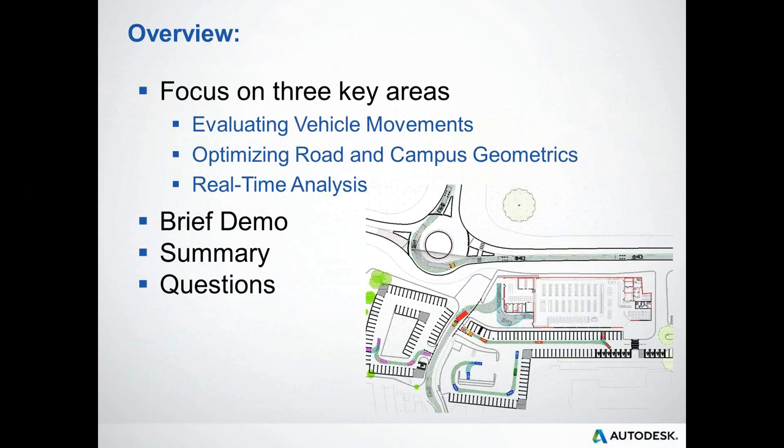We'll also be looking at some of the optimizing of road or campus geometrics, what's possible here with vehicle tracking, and have a little bit of an understanding of what the real-time analysis is that we can get from the product. So I'll do so via a brief demonstration. I'll have a summary at the end. Definitely, as Chad mentioned, we'll have a portion for questions and answers as well. So with that, I'm going to go ahead and jump right into the product.